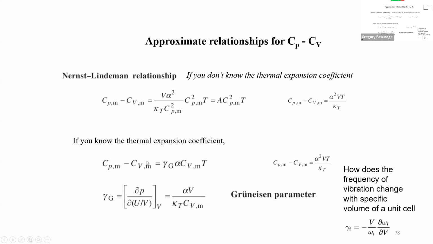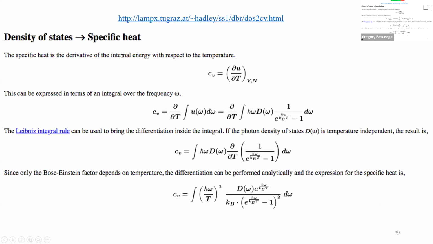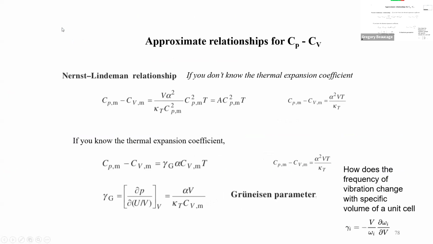Again, at low temperatures they're the same, and there's only a small difference at high temperatures. So this is almost like an adjustment of CV to get CP.